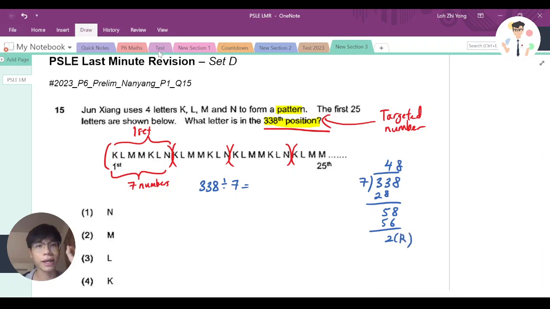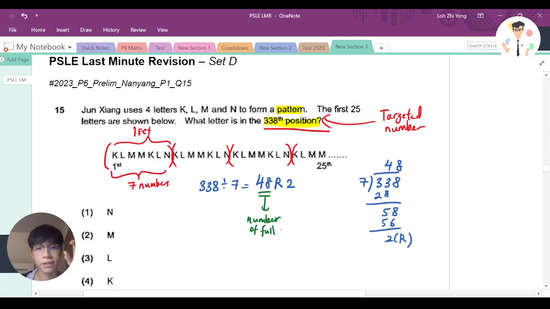48 remainder 2. From here, I actually know this: 48 basically means the number of full sets, which means all the letters are in.